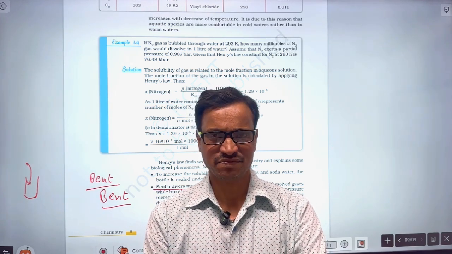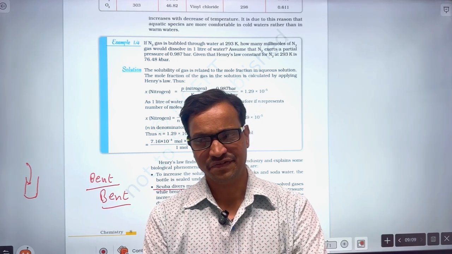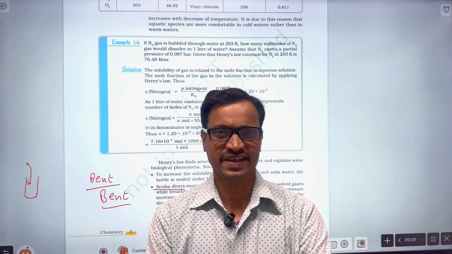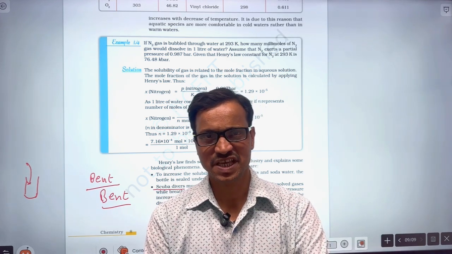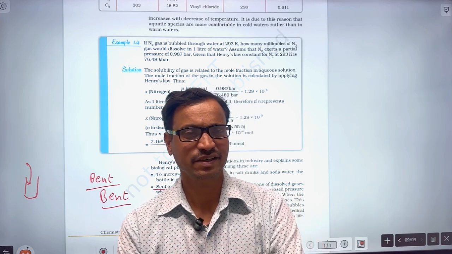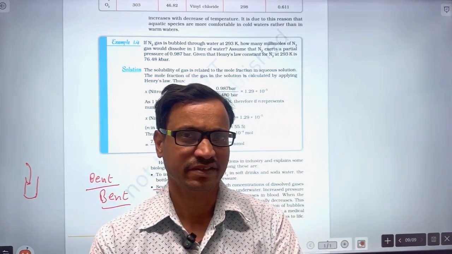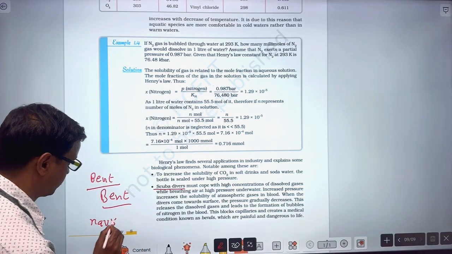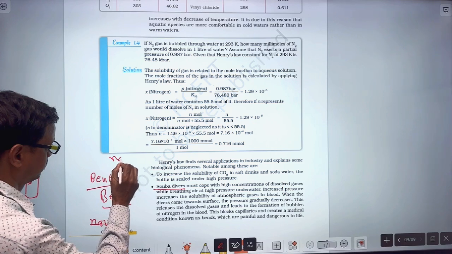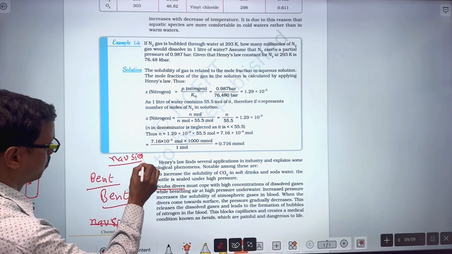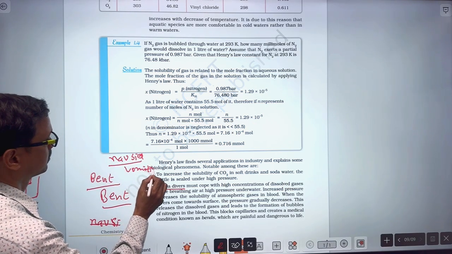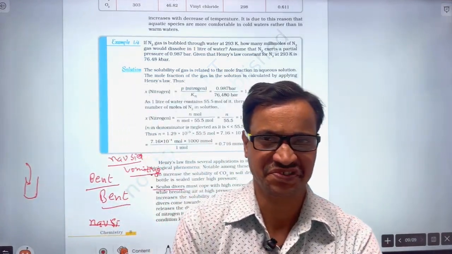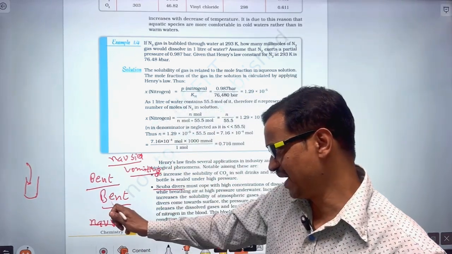So nitrogen gas was dissolving, and when the diver comes out from the water, the nitrogen gas tends to escape out from the body, and that's why they feel nausea, vomiting, and sometimes bleeding from the nose. Those symptoms are called bends.